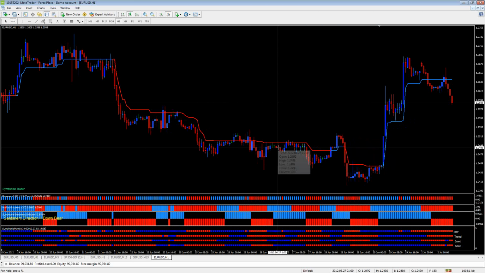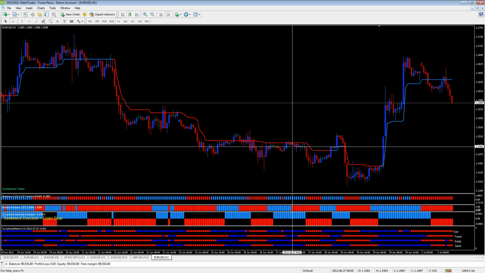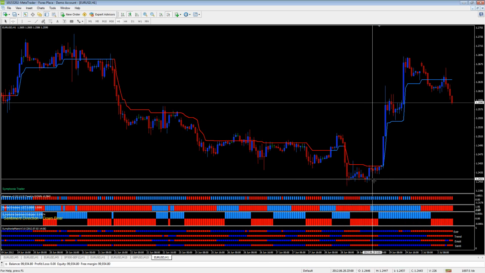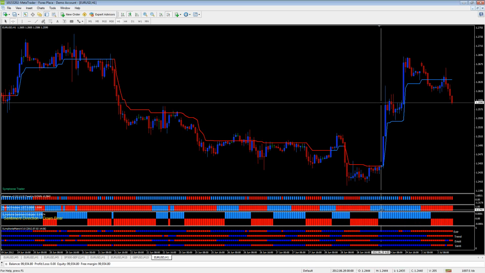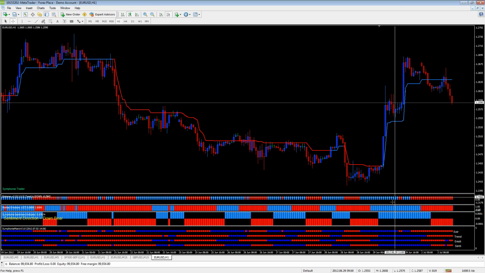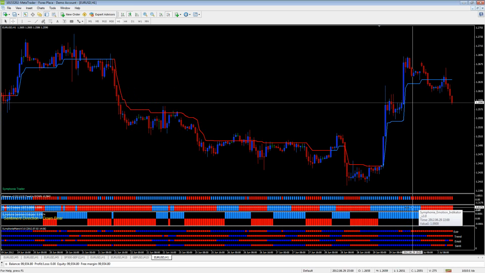It doesn't change color much. And it really shows nice momentum, or nice emotion. You can see already here, even when the market went sideways, the emotion above the trend line is still blue.